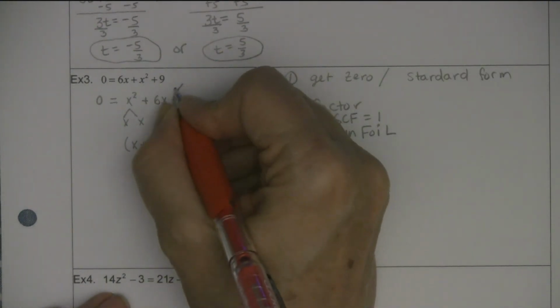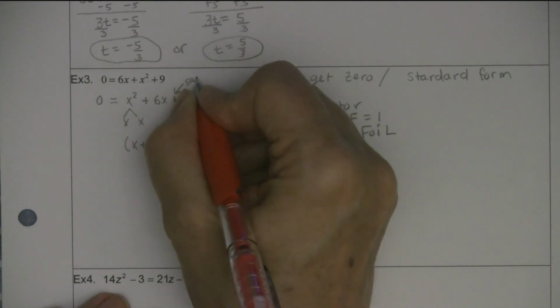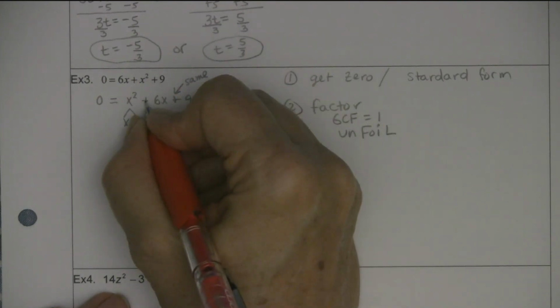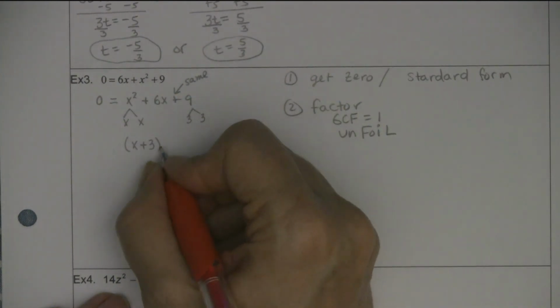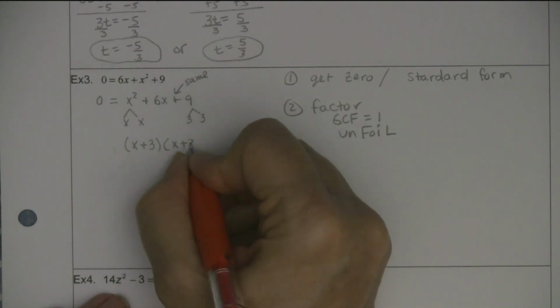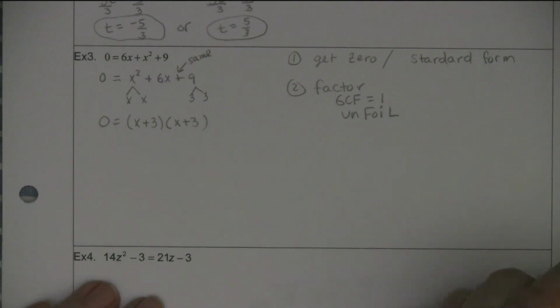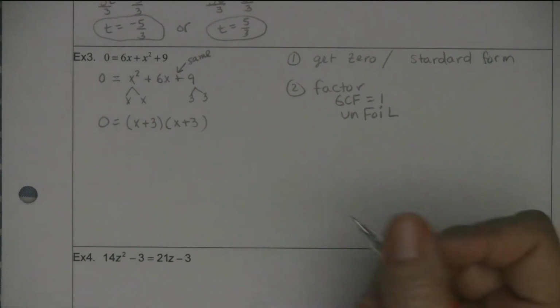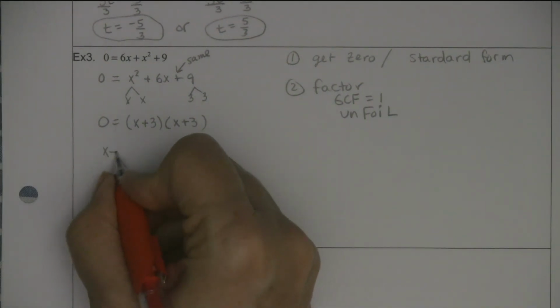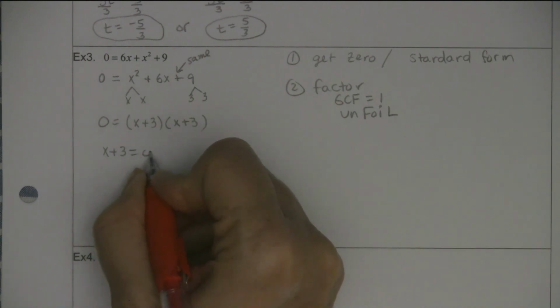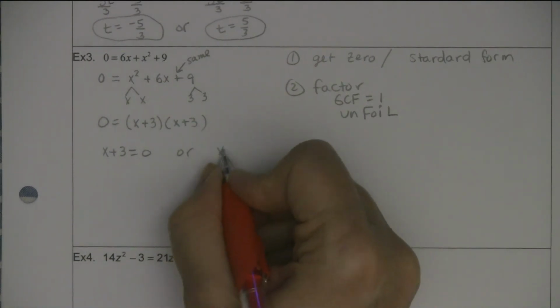Remember, this tells me that my things have the same sign. This guy says they're just like me, and so he's positive. So x plus 3 times x plus 3. And so this is a time when you're only going to get one solution. Because you see, when I set the pieces equal to 0, do you see how these are the same?